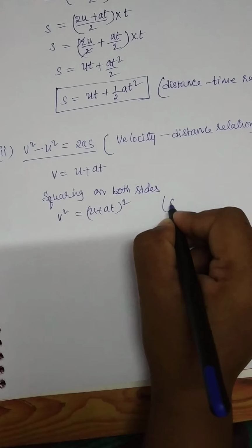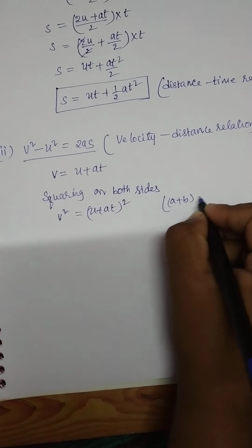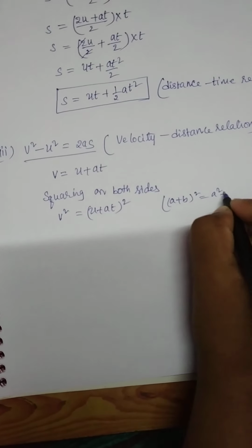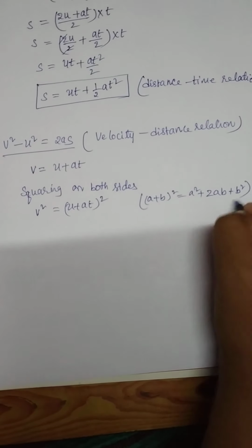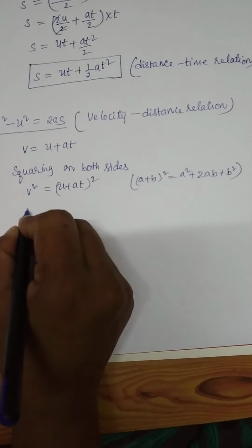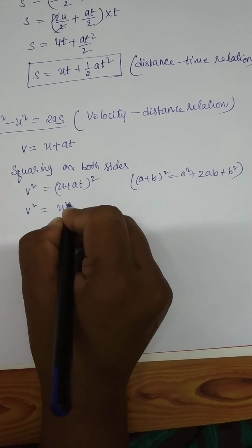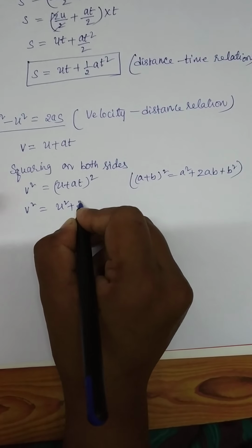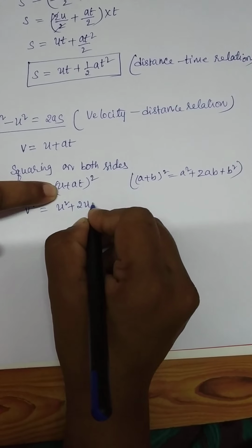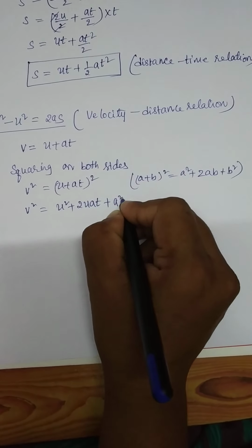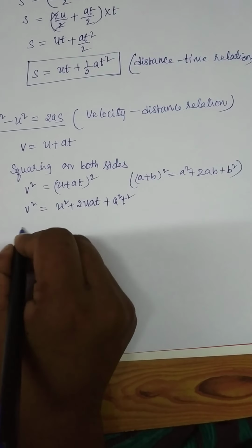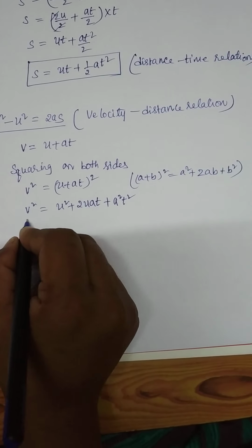Now we know a plus b whole square is equal to a square plus 2ab plus b square. Apply this formula here. V square is equal to u square plus 2uat plus a square t square. Take u square to this side.